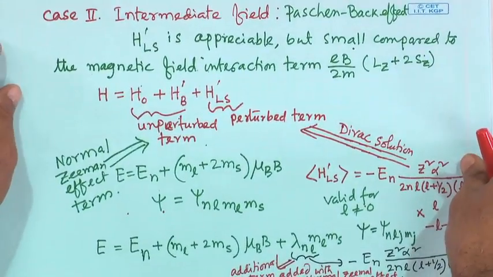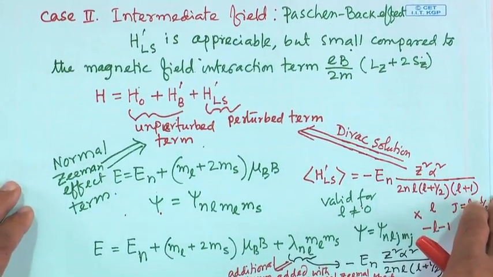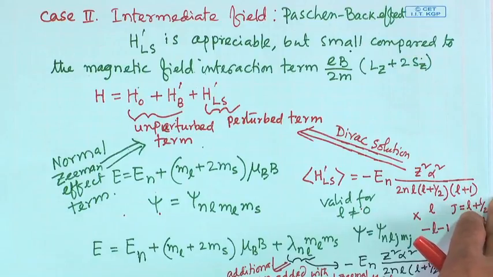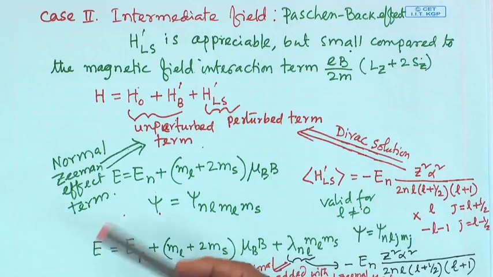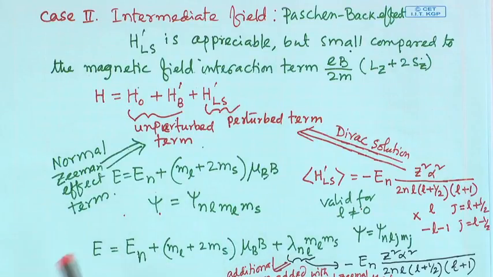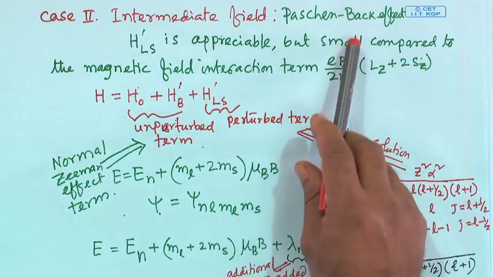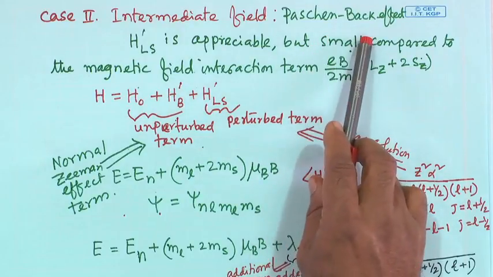Next we can choose an intermediate field, not very strong and not very weak. Then what will happen? The effect of the magnetic field here was discovered by Paschen and Back, so it is called the Paschen-Back effect.